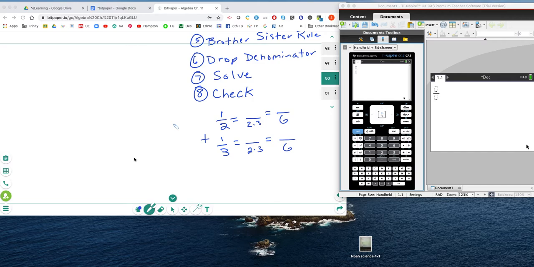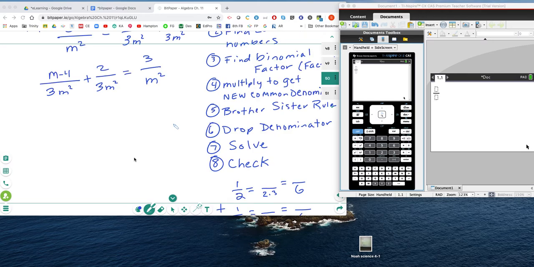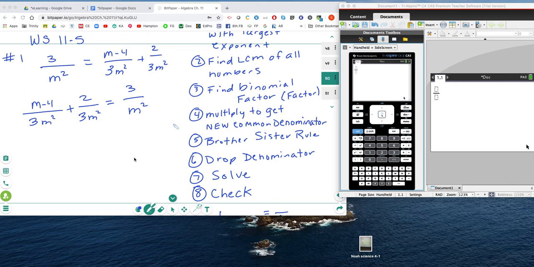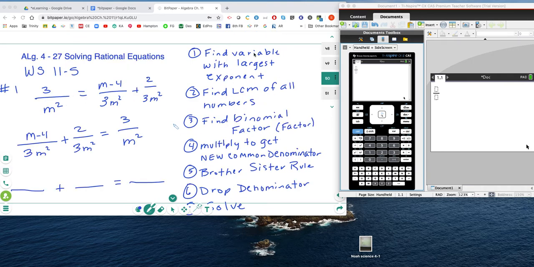So the first thing that we're going to do is look at what our common denominator is going to look like. Our common denominator is going to be a multiplication problem. So we're going to take 3 fractions, and the first thing that we're going to look for is the largest exponent on the variable.